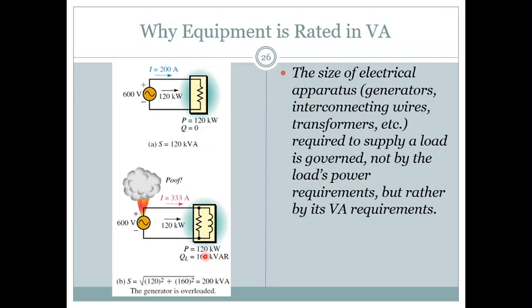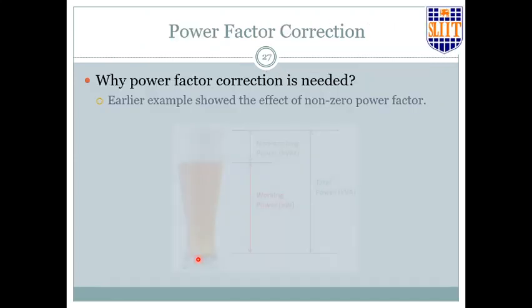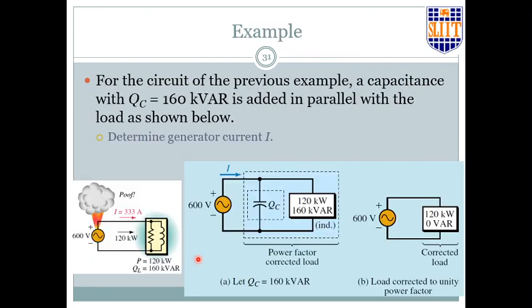So if we can replace that with a capacitor, knowing the fact that we just discussed that the total load is inductive, and we know that inductive reactive power can be cancelled by capacitive reactive power. So if you install a capacitor that has the same amount, that is 160 kilovolt ampere reactive of capacitive reactive power, that can 100% cancel this out.